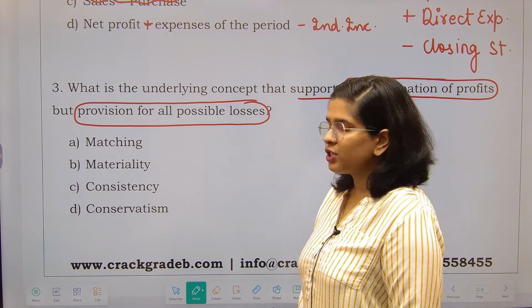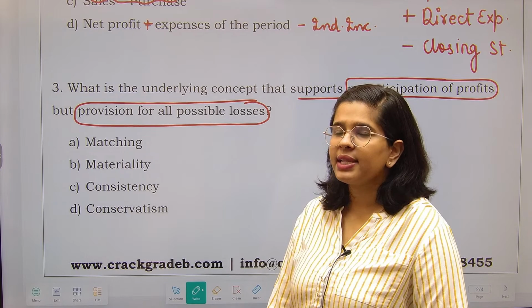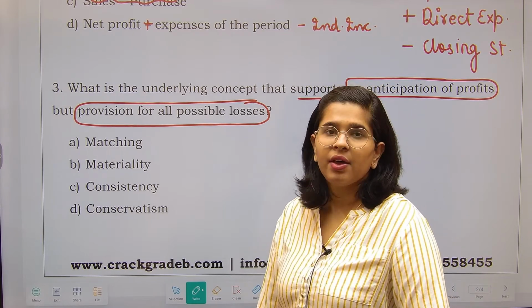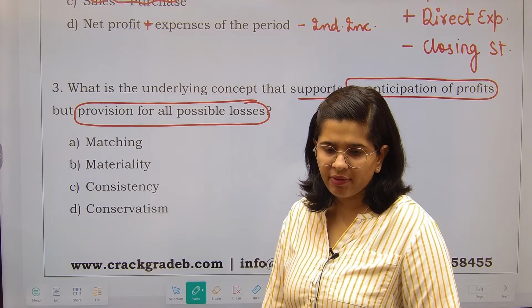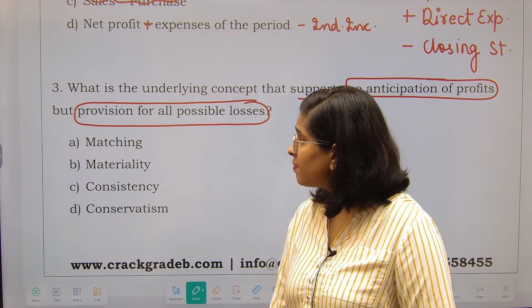Let me tell you, the matching concept we have already discussed. The materiality concept says that you have to record material items separately. We will discuss this in detail when we cover the core accounts in the EPFO course.